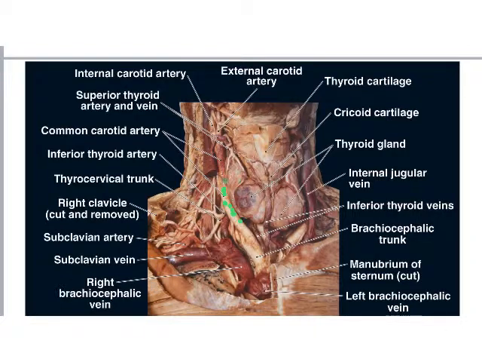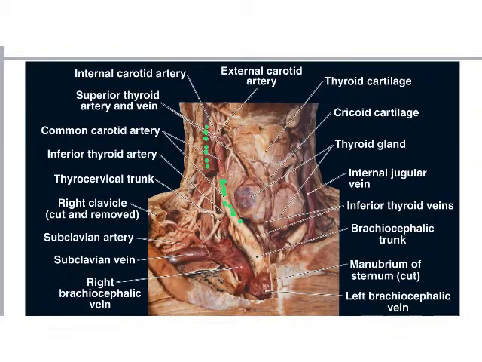So we've got the common carotid here, and then remember what's analogous to the carotid is the jugular vein, right? So here is the external jugular vein, and that's going to be the one that goes up and kind of drains the face and the scalp.